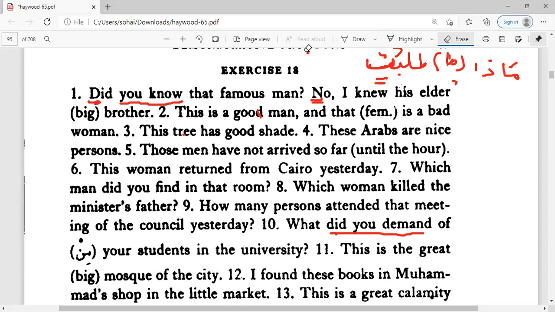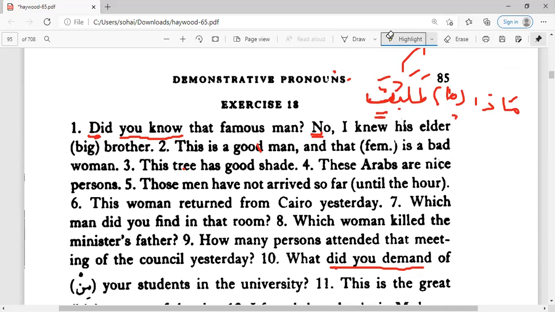So it says ماذا or ما طلبت من التلاميذ من التلاميذ في الجامعة. It says from your students. تلاميذي من التلاميذ تلاميذ تلاميذي. Like this.